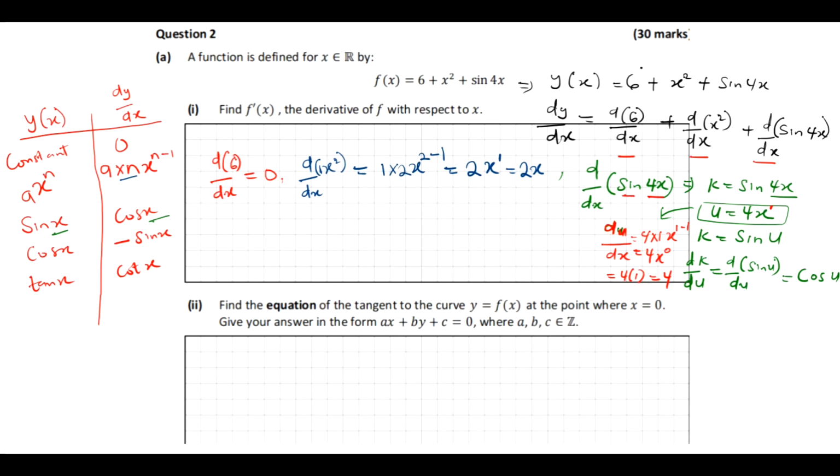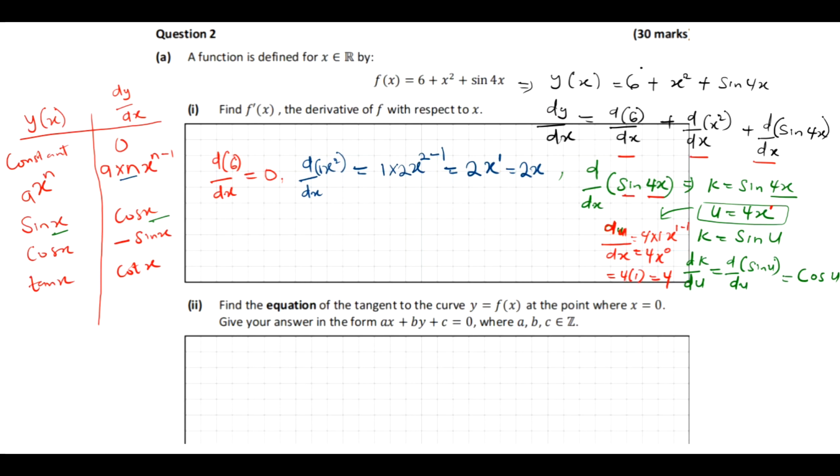For dK dU, I have cos U. Now, what does this mean? It means that the differential of the whole function sine 4x with respect to x is going to be the multiplication of these two. How? I'm going to show you how, because this is function of function. I differentiate K with respect to U, so that's one function.